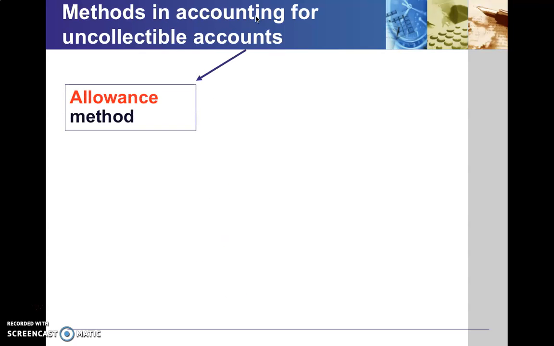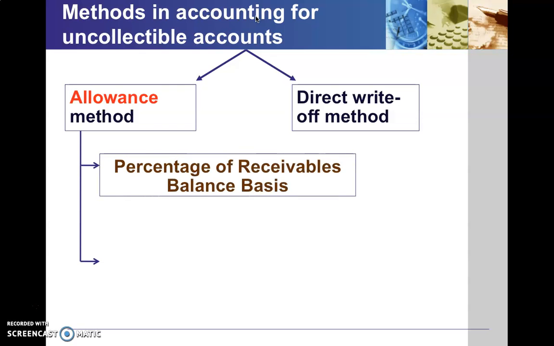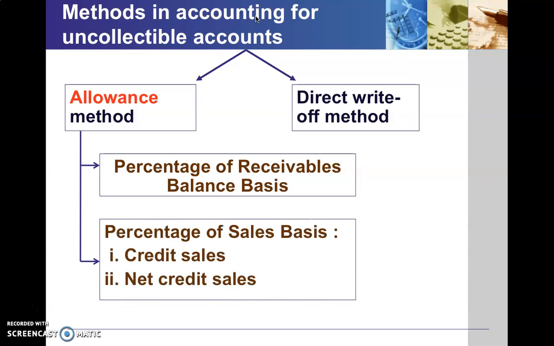The first method is the allowance method. The second method is the direct write-off method. The allowance method consists of two bases: percentage of receivable balance basis, and percentage on sales basis, which uses credit sales and net credit sales.